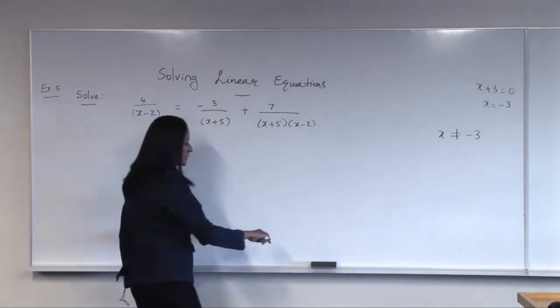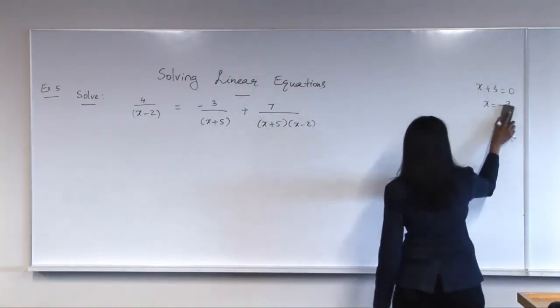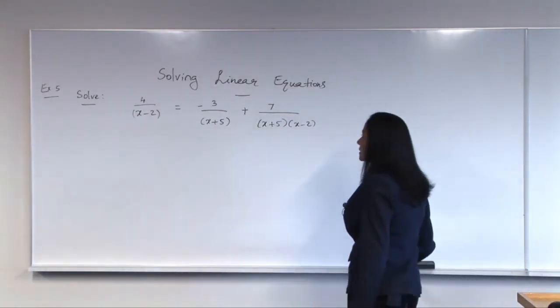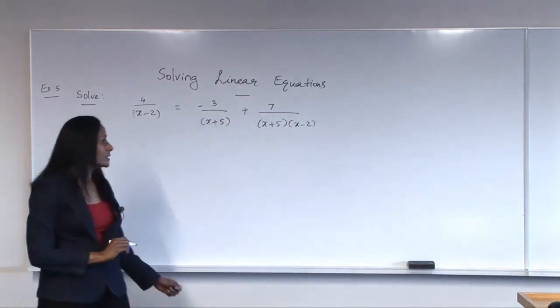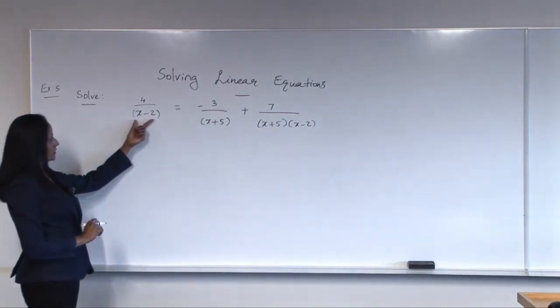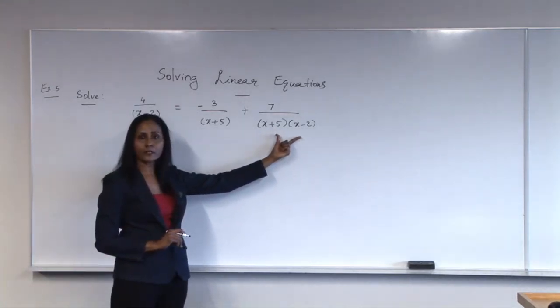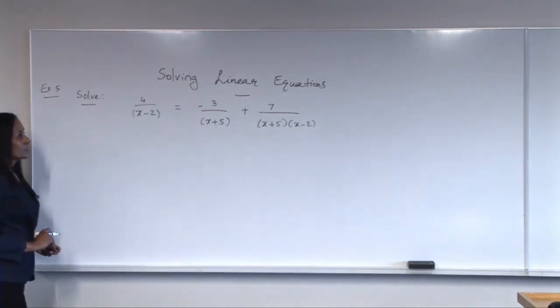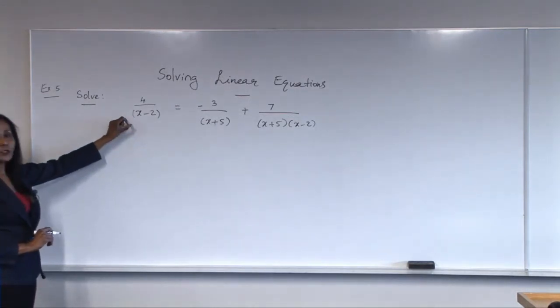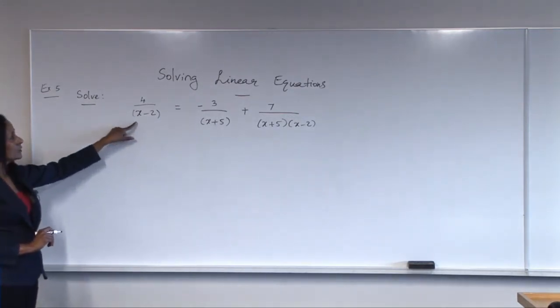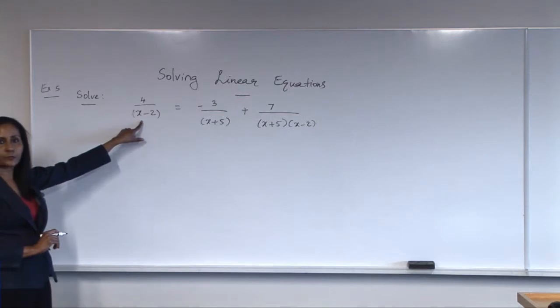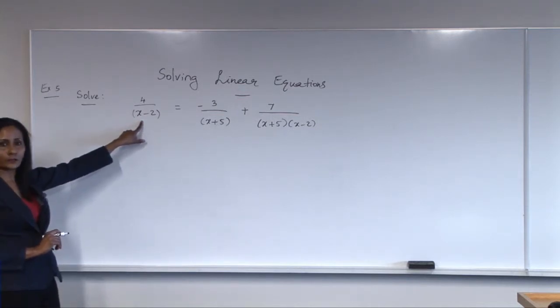The first step is you have to look at the denominators, and here we don't have just numbers, right? We have algebraic expressions like x minus 2, x plus 5 times x minus 2. So we have to say the denominator cannot be 0. So here x minus 2 can't be 0. So x can't be 2.